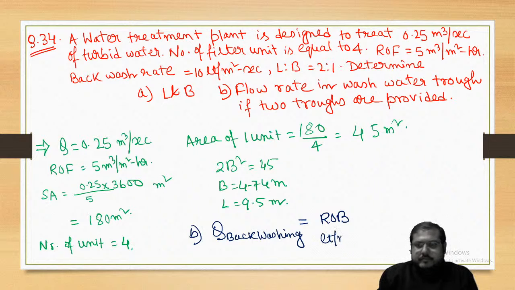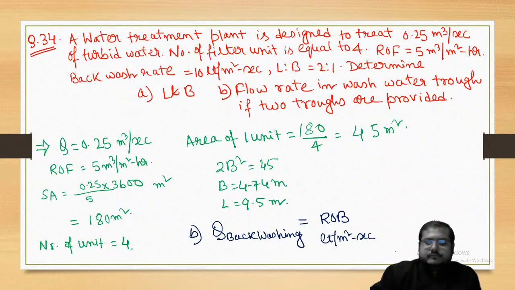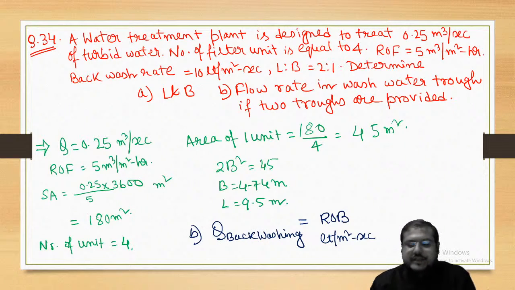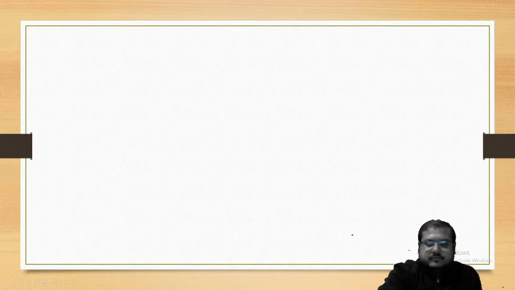Liter per meter square second, right? What you need to multiply? You are actually aiming for Q backwashing. Q means volume per time. So just unit conversion process. You need to multiply area of filter. Understood?